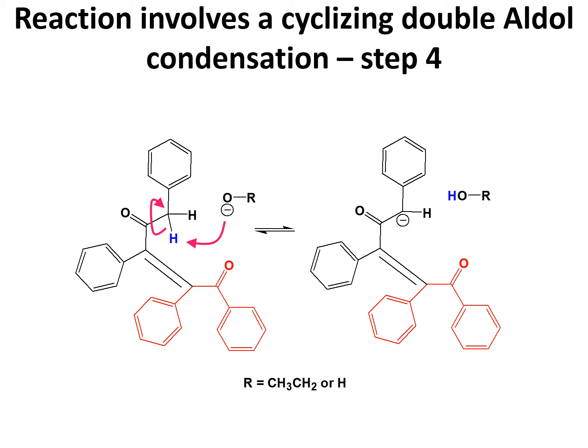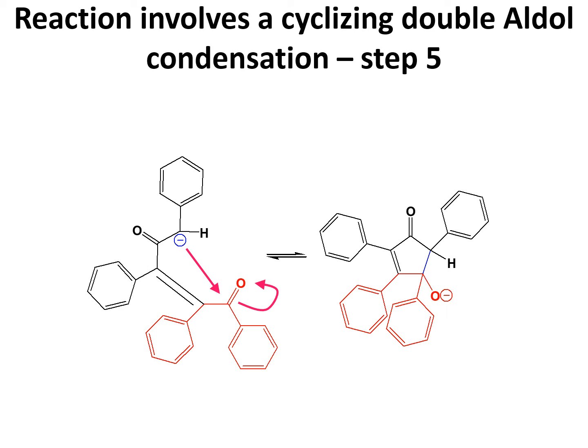When this negative charge attacks the carbonyl carbon, a 5-membered ring will be formed, again giving another intermediate close to the product. What happens is when this negative charge attacks the carbonyl carbon, the carbonyl opens, and this is two steps far from the final product.